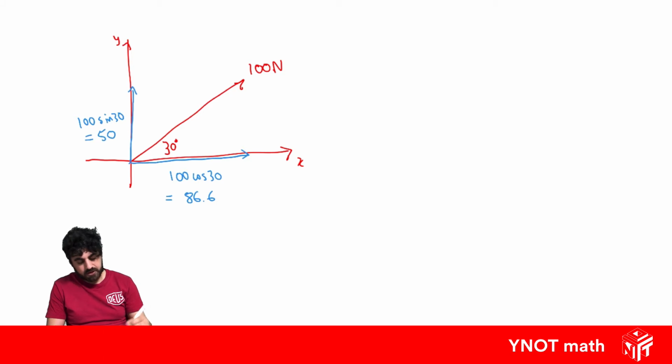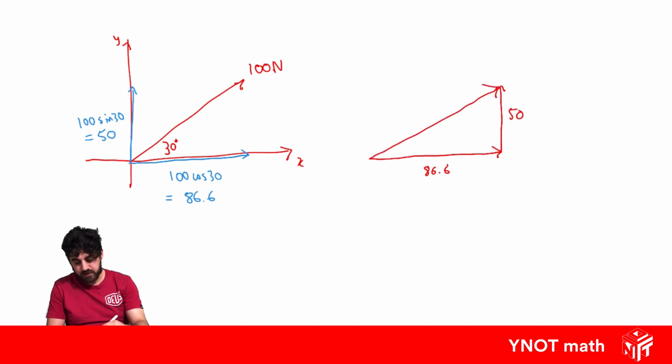So what we can imagine here is that we have a length of 86.6 in the X direction, and then a length of 50 in the Y direction. It's the same as an overall effect of 100 newtons in a direction of 30-degree angle.